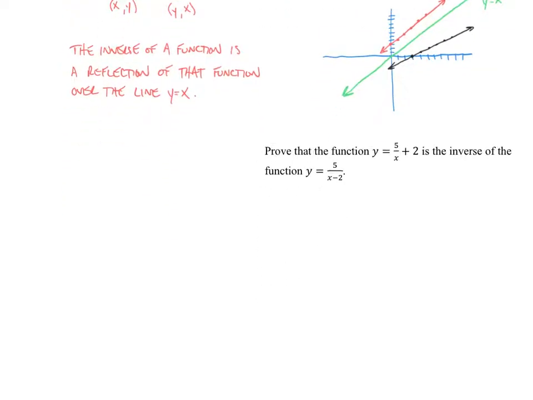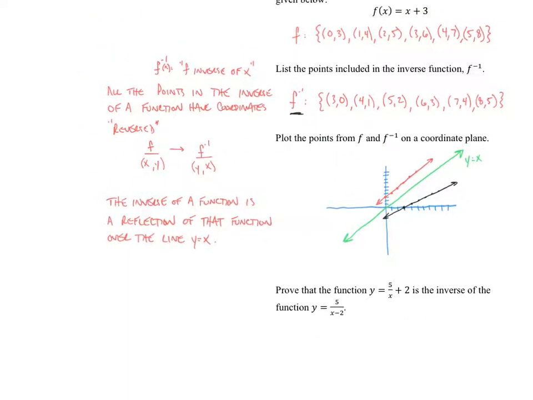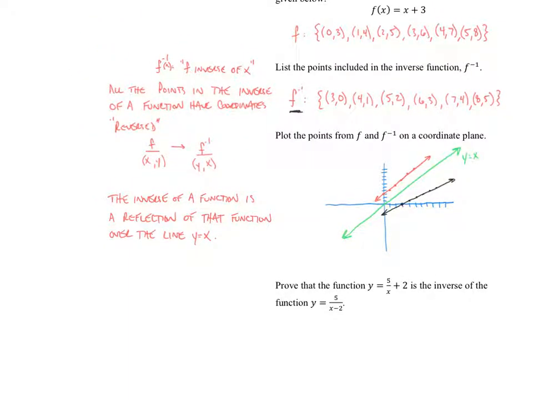So what we need to do now is prove that a function that we have is the inverse of another function. So this is going to take a little bit of backing up, and I'm going to use the functions that we've created up here for a minute. I'm going to make a function map. I'm just going to make a space where all the points that exist in each could exist.